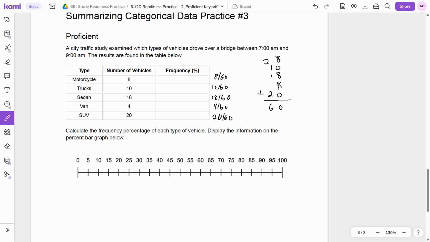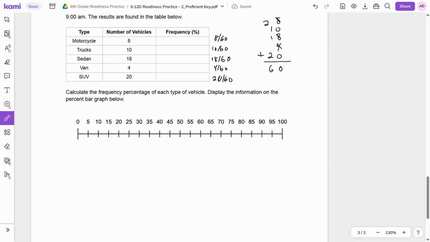All right, so if we do that here, make myself a little bit of room. 8 out of 60. If I can divide that by 4s, that's going to get 2 out of 15. Okay, 2/15. Okay, and let's see.